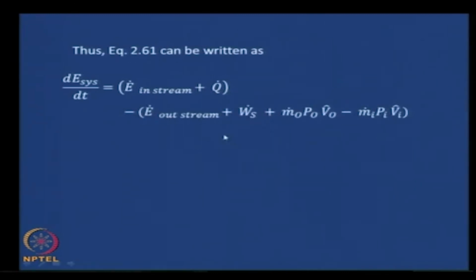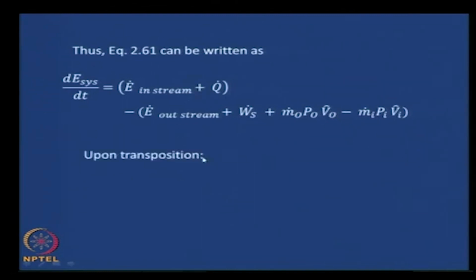All this is from earlier. The only thing that we are doing here is expanding the W dot in terms of the shaft work interaction as well as the PV work interaction. So, plus Ws dot plus m_O dot P_O V_O hat minus m_I dot P_I V_I hat.